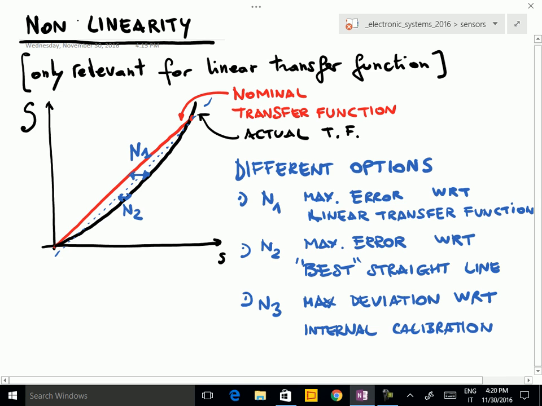This is the less common, but sometimes it is found. For example, what is done is the following.